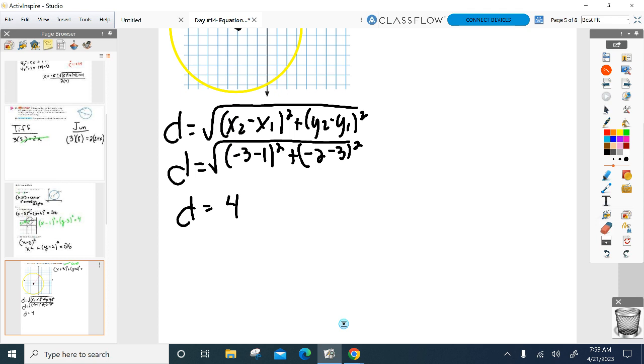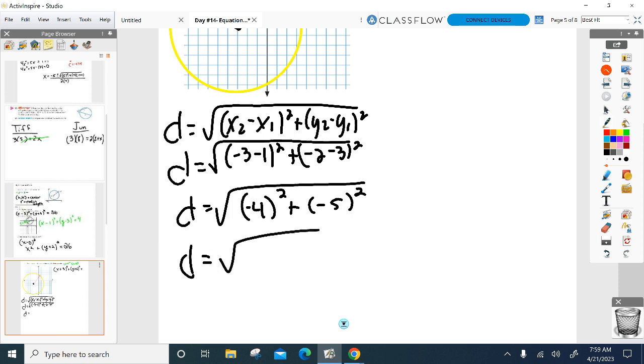Now let's see if I can get this and act like I'm an above average math teacher here. That's going to be -4 squared plus -5 squared. Am I doing all right? 16 and 25. The radius is square root of 41.